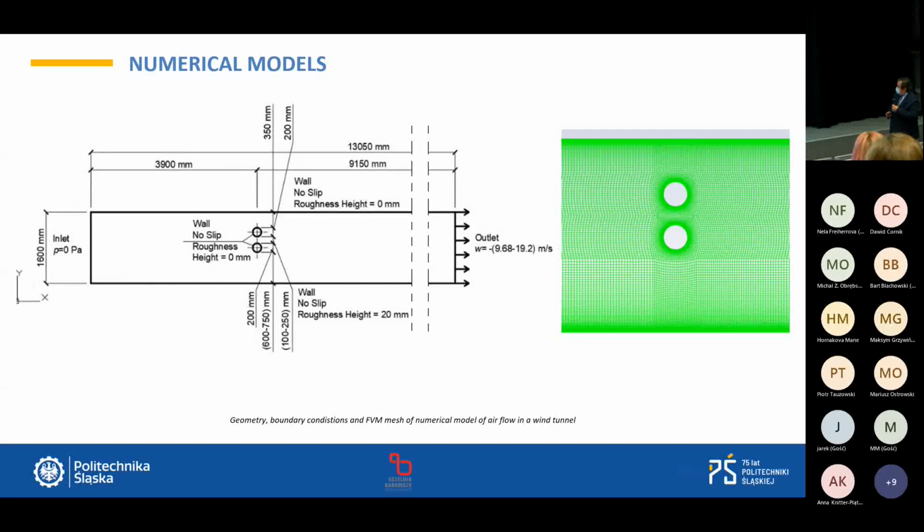So here is an example. They used the finite volume method. Here you can observe the mesh of this problem.